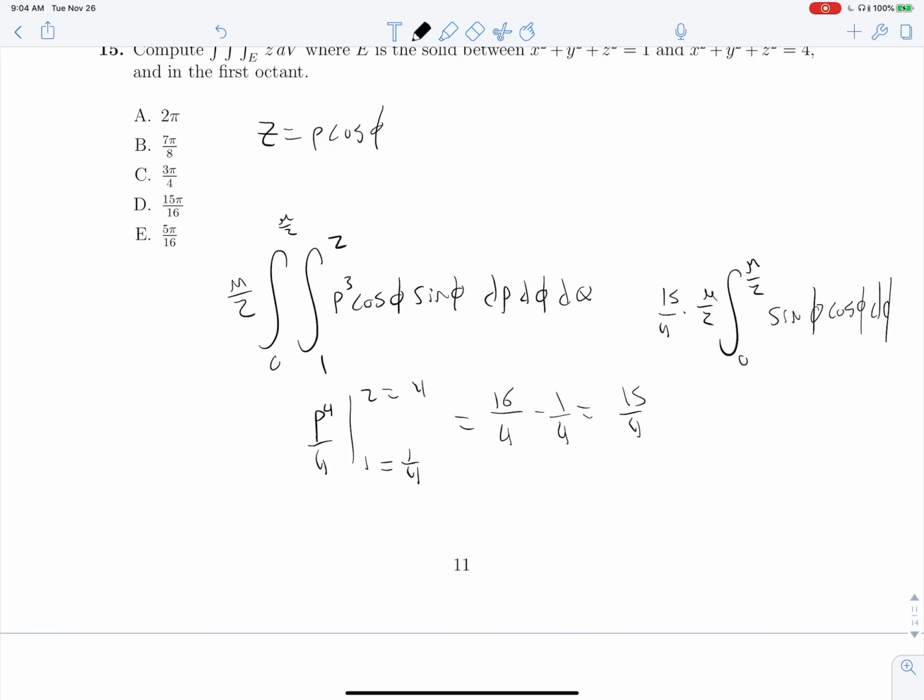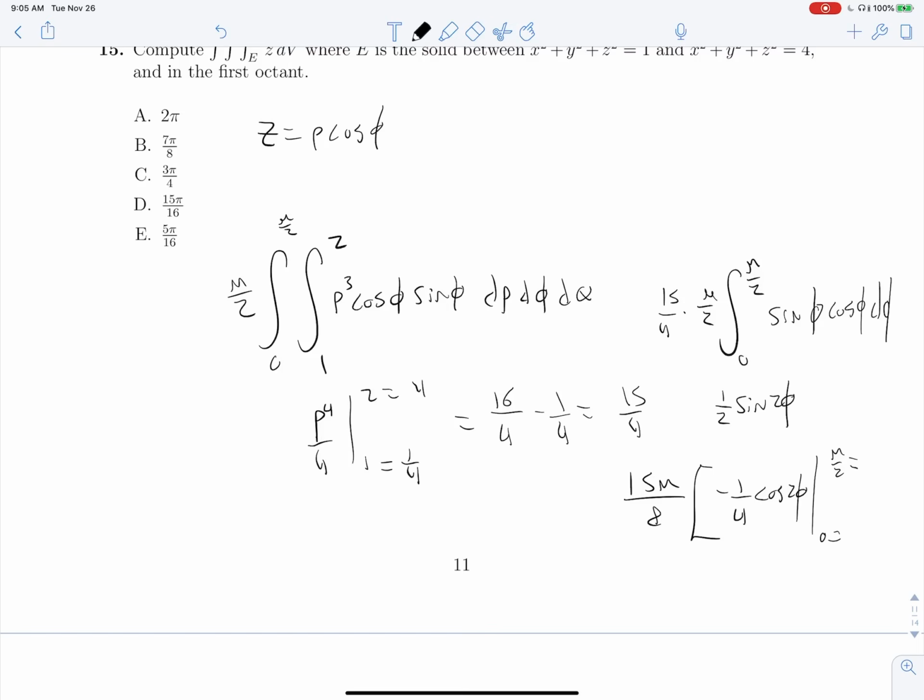We know that sine phi cosine phi can be replaced with 1/2 sine 2 phi, which we can integrate, and we will get 15 pi over 8 times the quantity negative 1/4 cosine 2 phi on 0 to pi over 2.